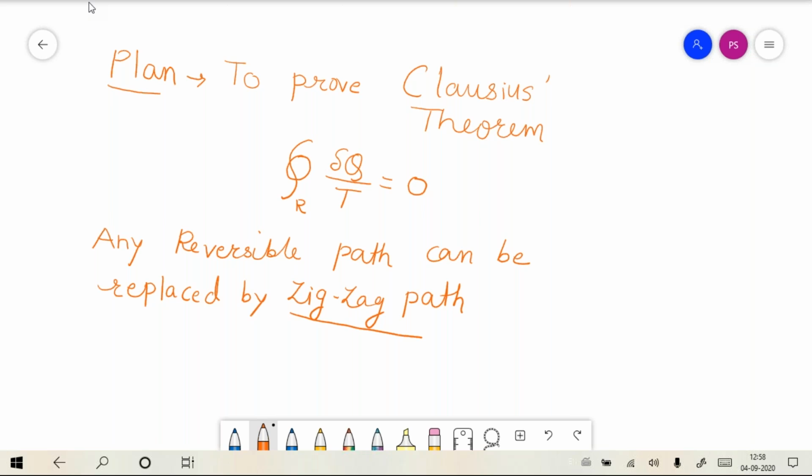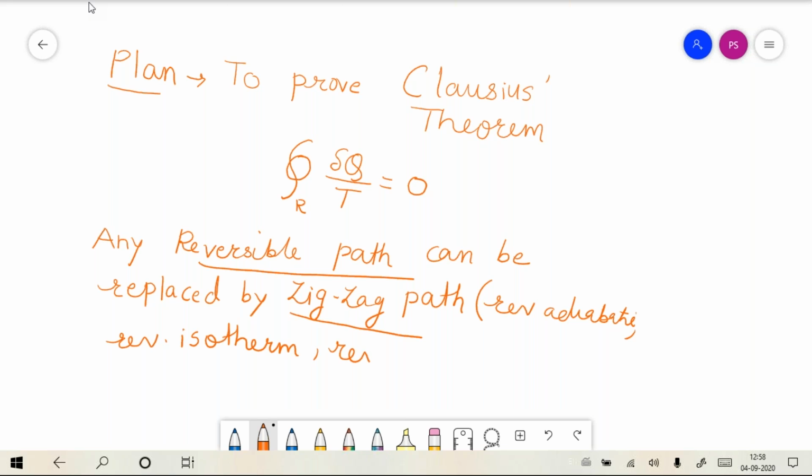So what we would be proving is that any reversible path can be replaced by a zigzag path comprising three processes: one is a reversible adiabatic process, followed by a reversible isotherm, and that again is followed by a reversible adiabatic.